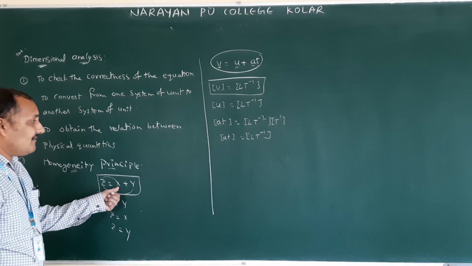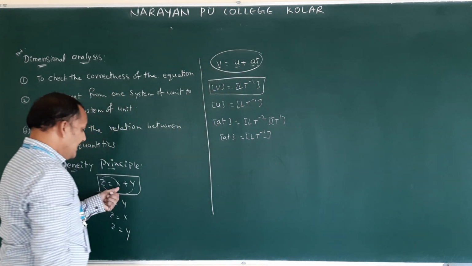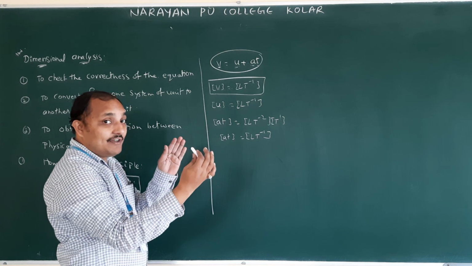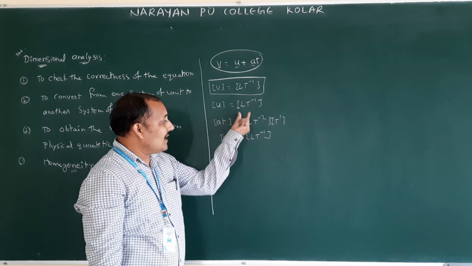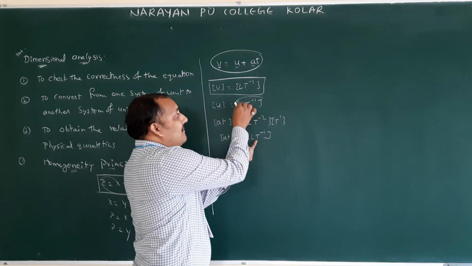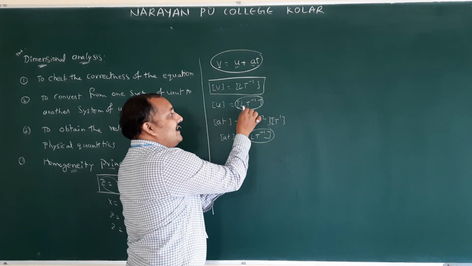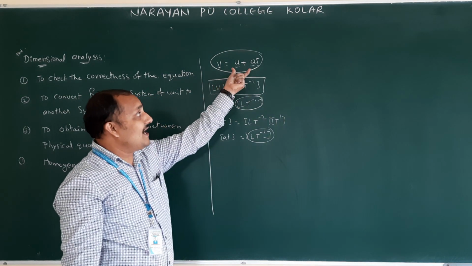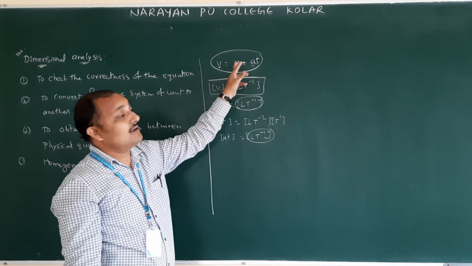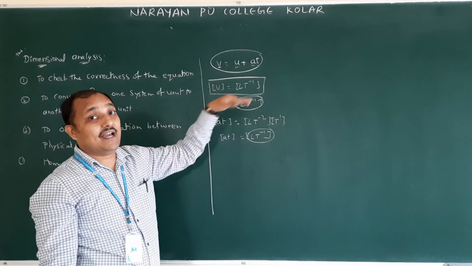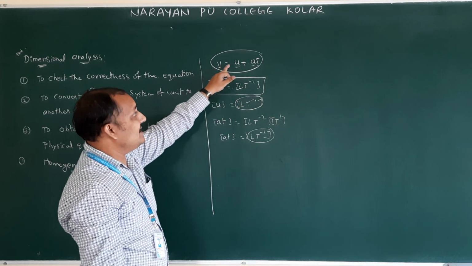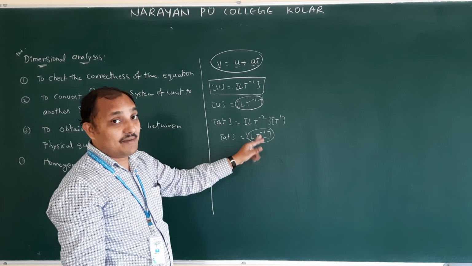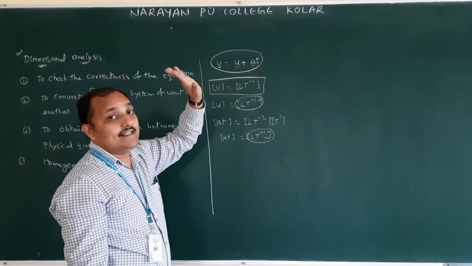Now see here, in place of x there is u, and in place of y there is at. We added u and at because u and at have the same dimension formula: u has L T power minus 1, and at has L T power minus 1. If we add two physical quantities, they will have the same dimension. And v is equal to u, v is equal to at dimensionally; all these will be the same.